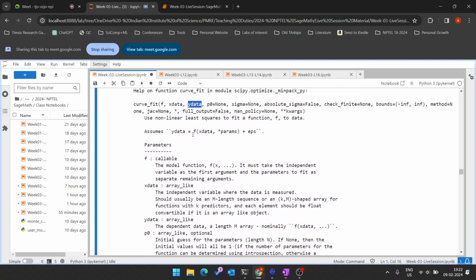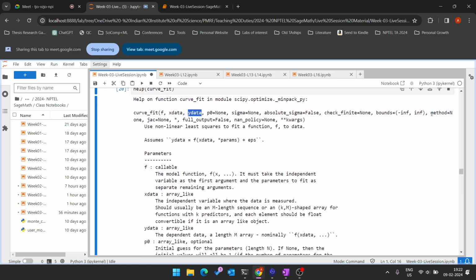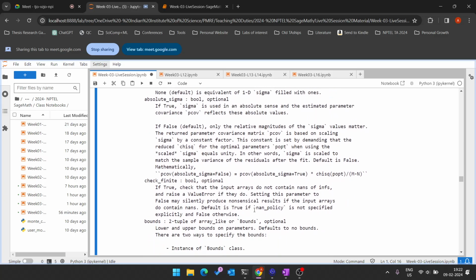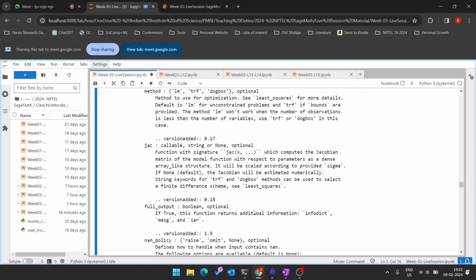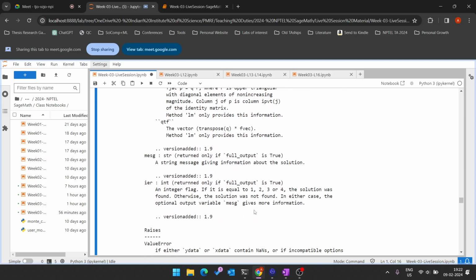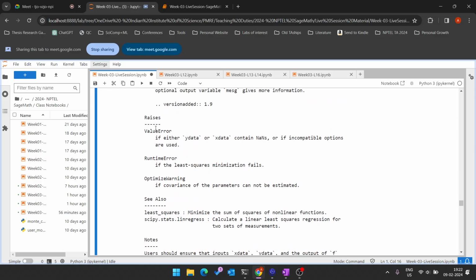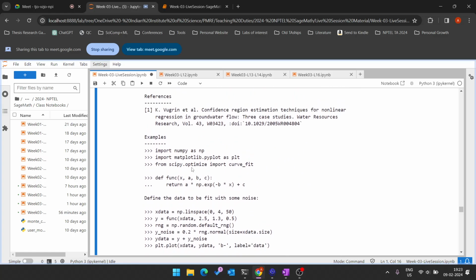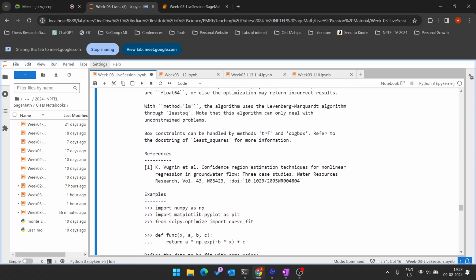This should be your sequence of observed data, and there are a lot of other parameters such as bounds, sigma, and all that. It also returns a few things, and it can raise a few errors, suppose if your x and y data contains nans, or if for whatever number of iterations your least square minimization fails, things like that. And how do we use it? It also mentions which reference is used, so those of you who are interested could look at something like this.